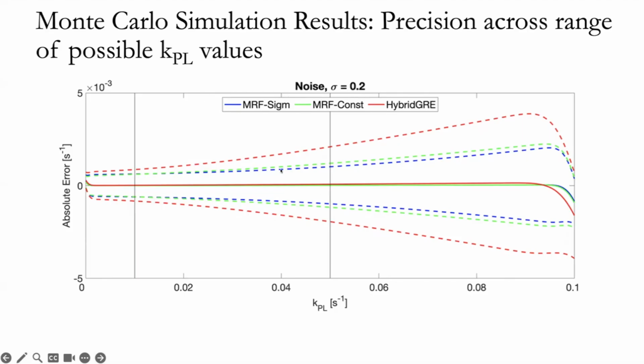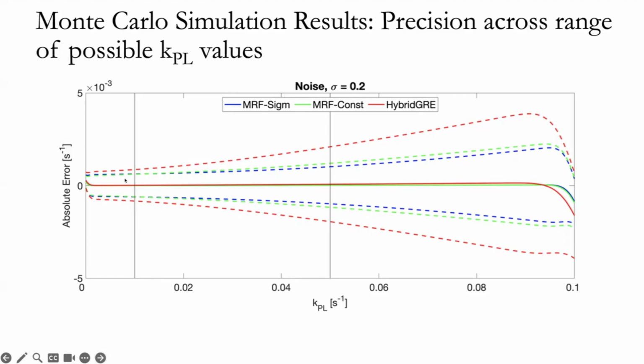And as we can see here, blue for the vast majority of different true KPL, underlying KPLs, blue is the narrowest standard deviation of Monte Carlo experiments for a particular noise level. But we also see that that's not necessarily true at all KPLs.